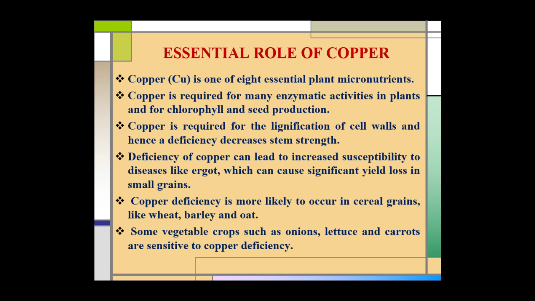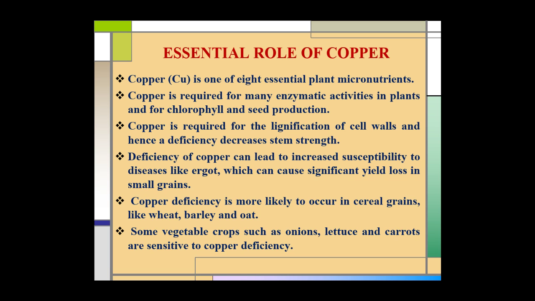Copper is required for the lignification of cell walls, and hence the deficiency of copper decreases the stem strength. Its deficiency can lead to increased susceptibility to disease like ergot disease, which can cause significant loss in yield of small grains.